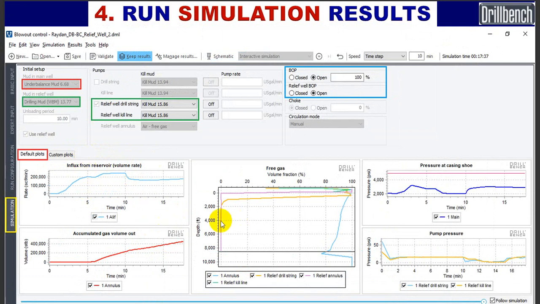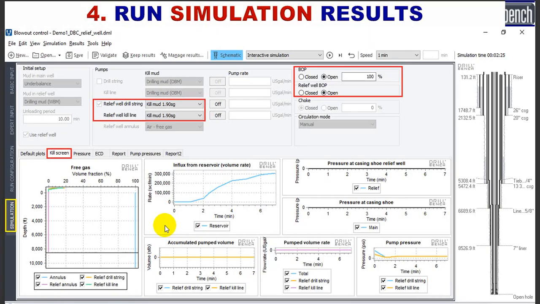influx, and as we see here, the accumulated gas volume is increasing per time, and the influx also increases and then decreases to be constant. And the other kill screen, free gas influx, is the same.